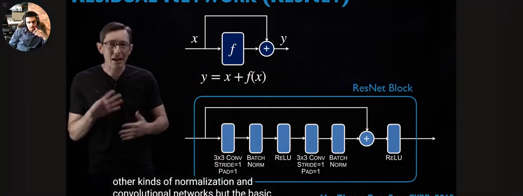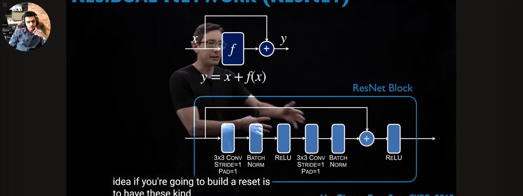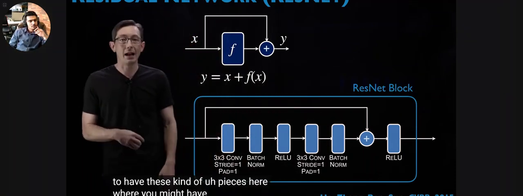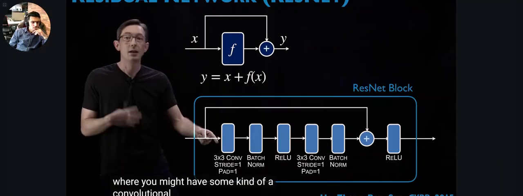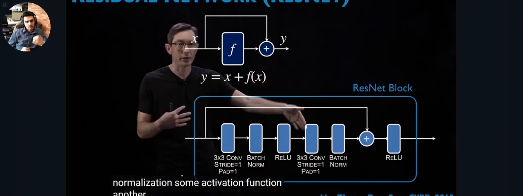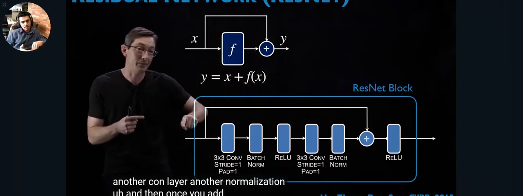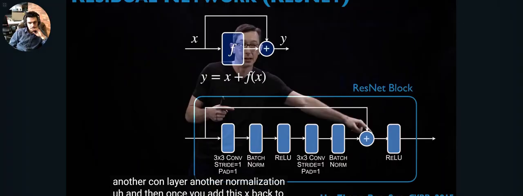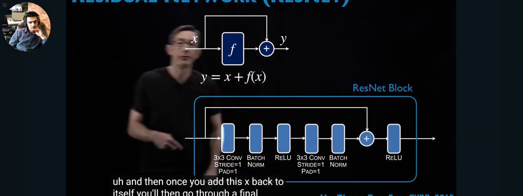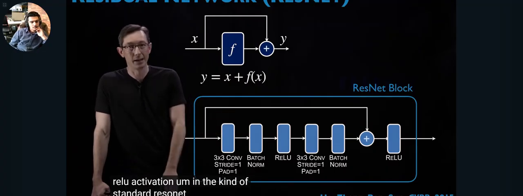But the basic idea, if you're going to build a ResNet, is to have these pieces here where you might have a convolutional layer, some normalization, some activation function, another conv layer, another normalization. And then once you add this x back to itself, you'll then go through a final ReLU activation in the standard ResNet block.